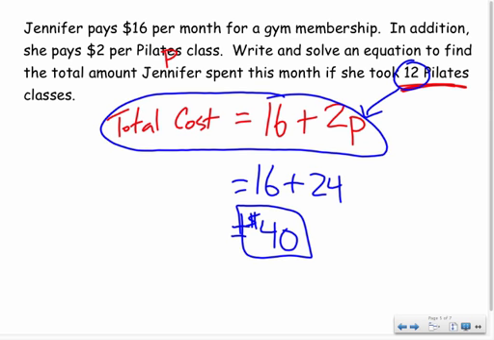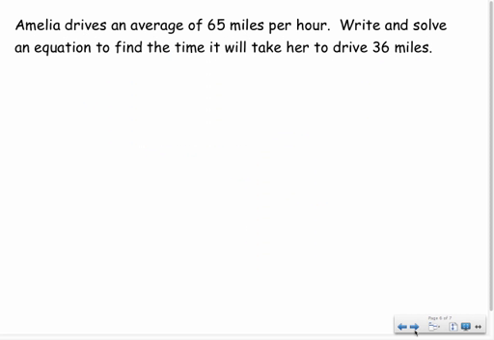It's good practice. It'll help you out later on if you can get used to defining a variable and then writing an equation. But if you can come up with this $40 without writing an equation, I'm also okay with that. But just get used to bringing in that variable. And when we have to do it, you'll find out that it'll be a lot more helpful.